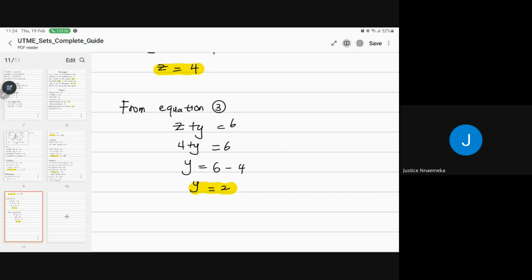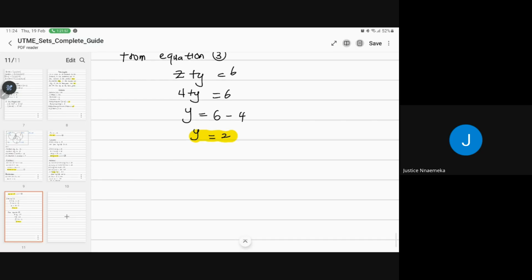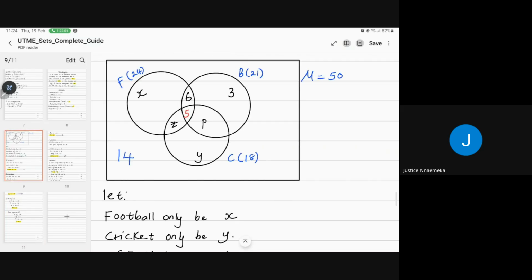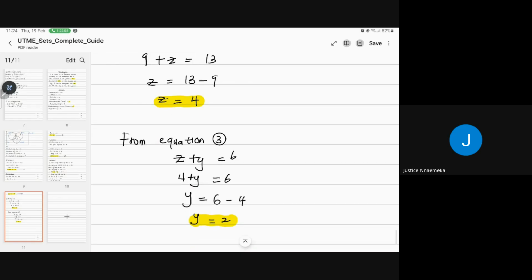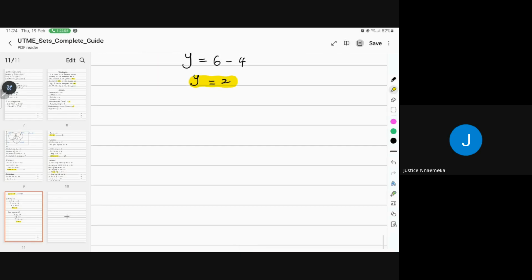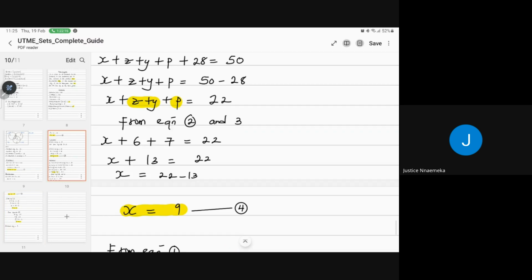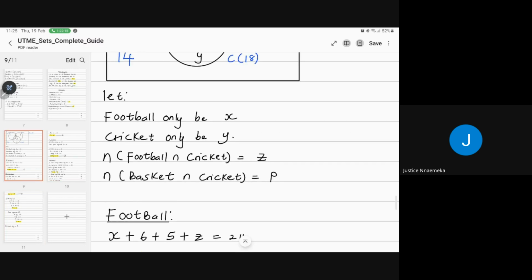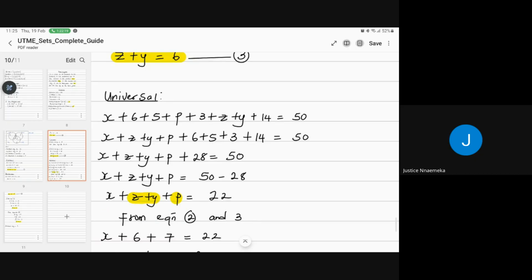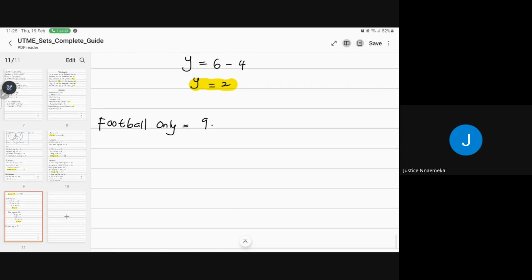Now we can report our answer. Remember, we said that x is football only, and that x is equal to 9. So football only is equal to 9. Cricket only, which is our y, is equal to 2.